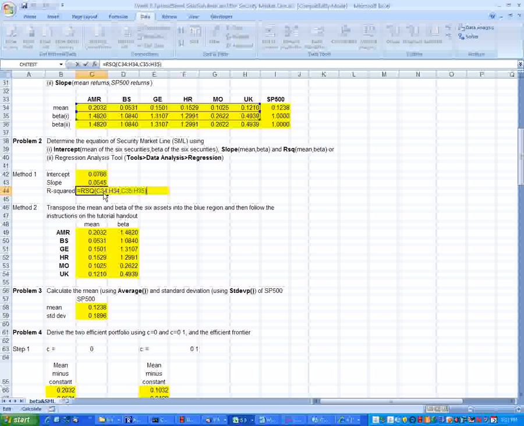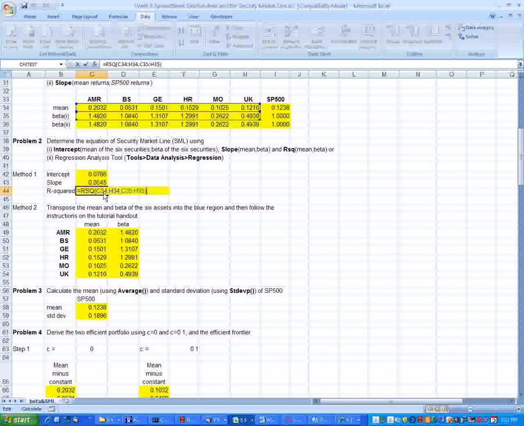And then we find the R squared, and this is really the key. The R squared is a number which varies between 0 and 1. It tells us how much of the variability in the data the linear regression can explain.